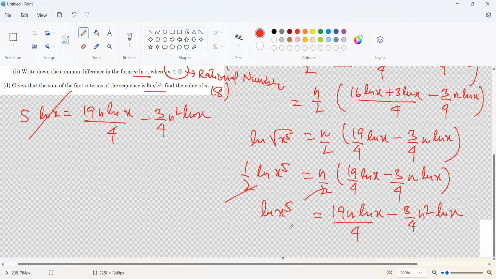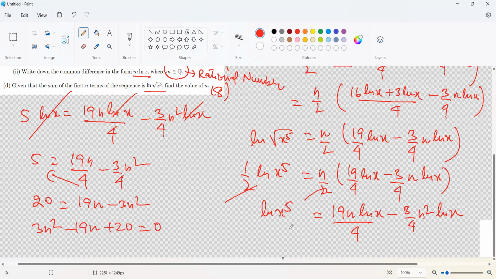I can see ln x in all the terms, so I take out ln x. It will be 5 equals 19n upon 4 minus 3 upon 4 n square. So 20, taking 4 as the common and cross multiplying, it will be 19n minus 3n square. This is 3n square minus 19n plus 20 is equal to 0.